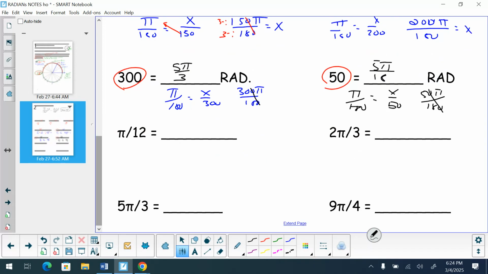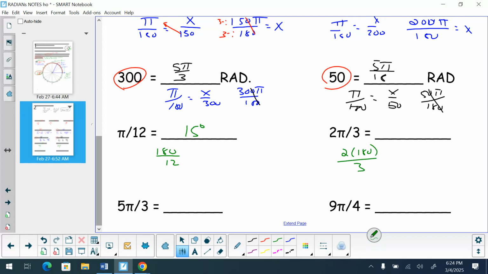Easily we could deal with this by, if I'm changing to degrees, just taking the 180 and substituting in. We have 180 divided by 12, which should give us 15 degrees. 2 times 180 divided by 3.